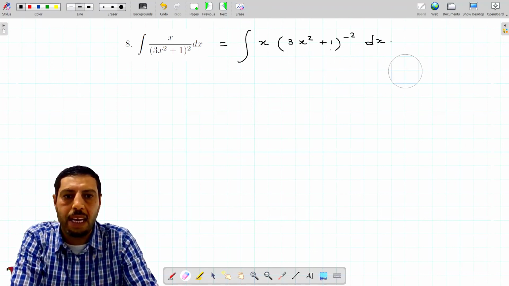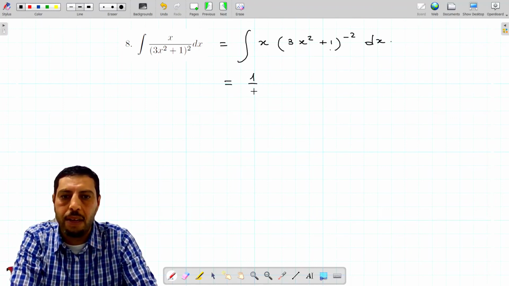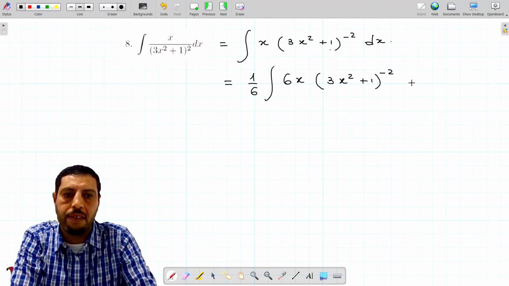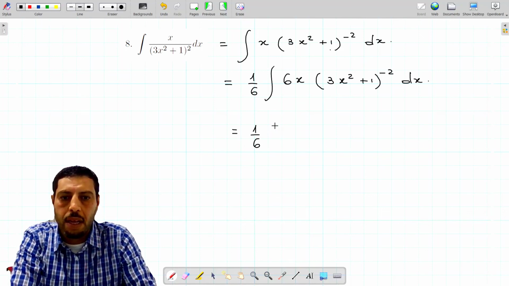So if I multiply and divide by 6, I will get my appropriate form. So I will divide by 6, I will multiply here by 6, okay? And I will write it 3x squared plus 1 to the power of negative 2 dx, and I will apply the power rule, okay?